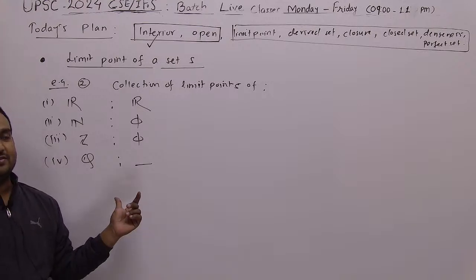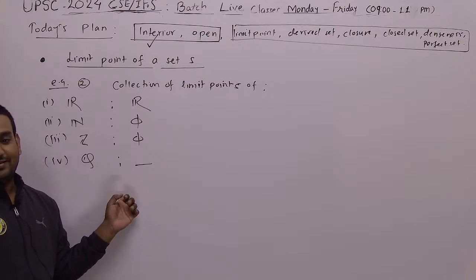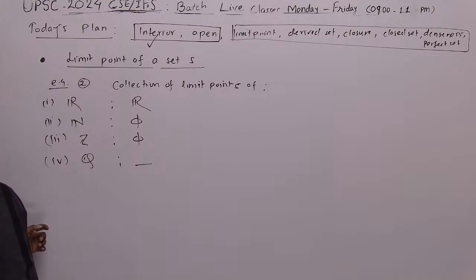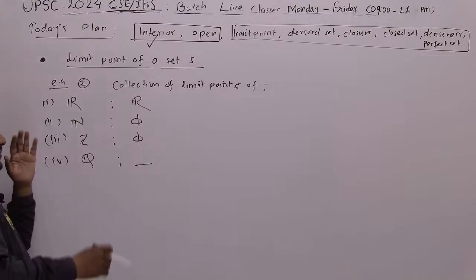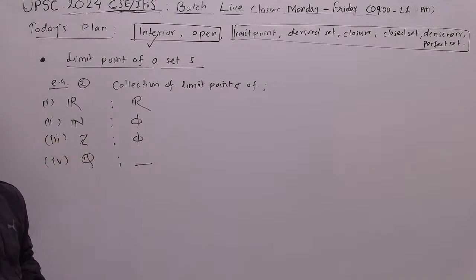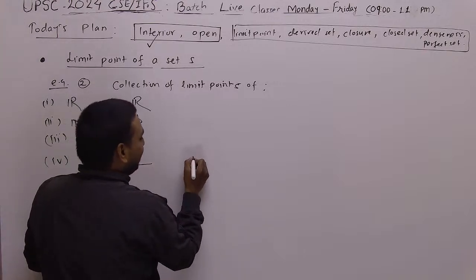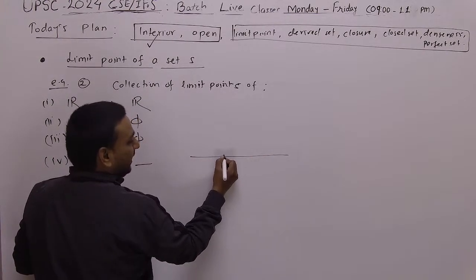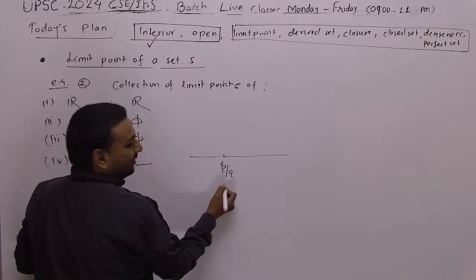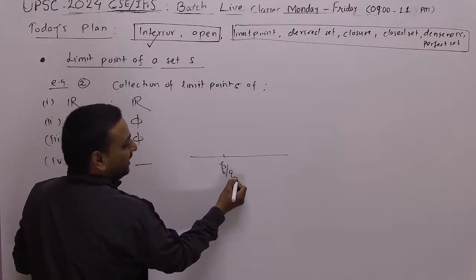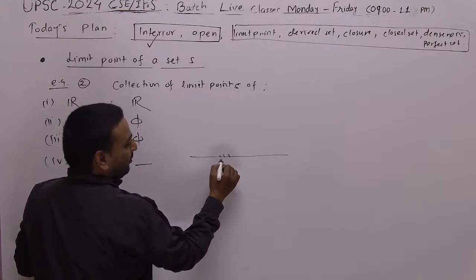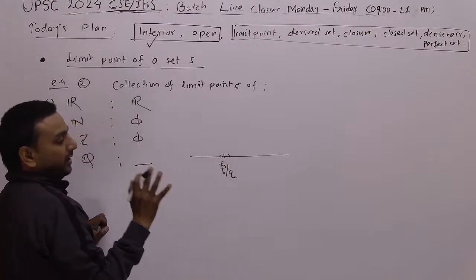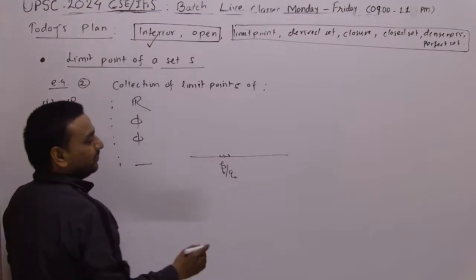What is the answer? Finish Lucy. R. बहुत बढ़िया. Very good. If you take any rational number, p naught by q naught, you take the ball, that will contain at least one rational number or not.